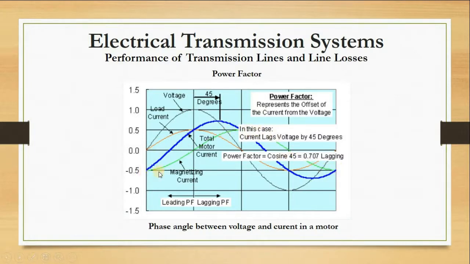So as you can see, there are two types of current in the motor: the magnetizing current and the load current. The load current, you can say, is the real current which is doing work.